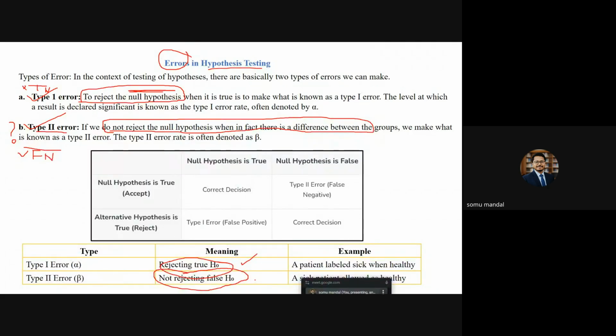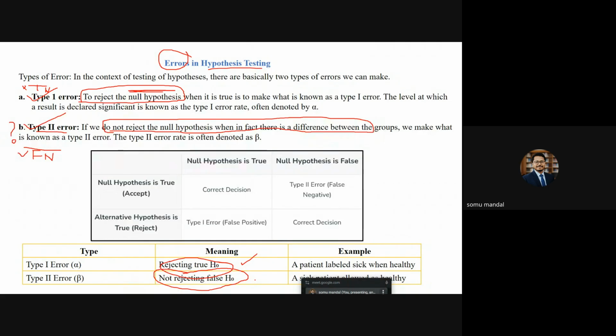So, formulation of the null hypothesis: the null hypothesis means no difference, no effect. Then formulation of the alternative hypothesis: if you consider not equal to, there is an impact. There may be a greater impact or less impact. In that case, we consider a one-tail test or a two-tail test.